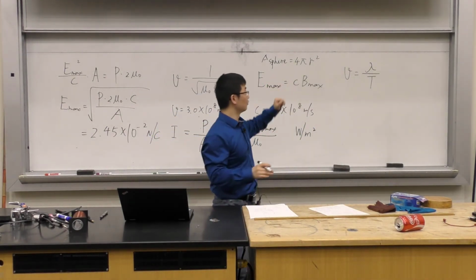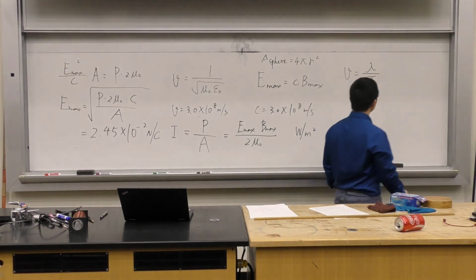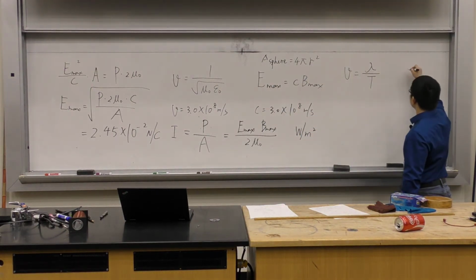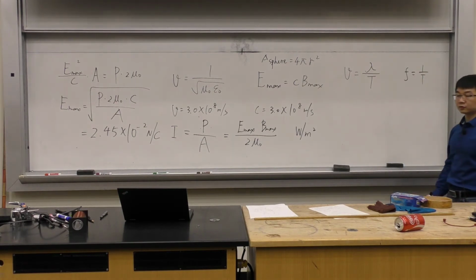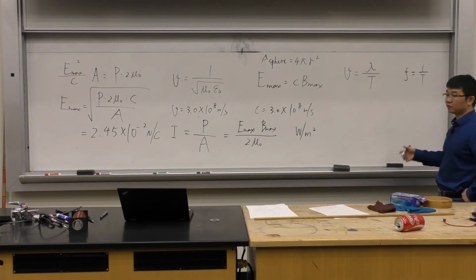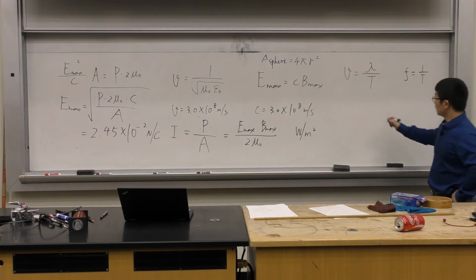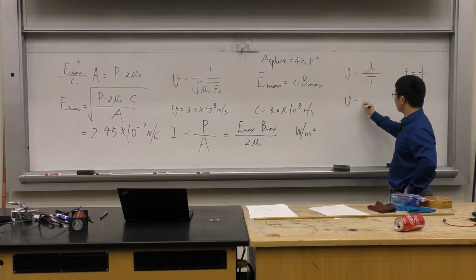So distance over time. And then, if you remember, we define frequency. For any periodic motion, we define frequency as 1 over period. You can use that to describe how fast something is oscillating. In that case, you can get another form of this equation, which is actually more widely used: wavelength times frequency.